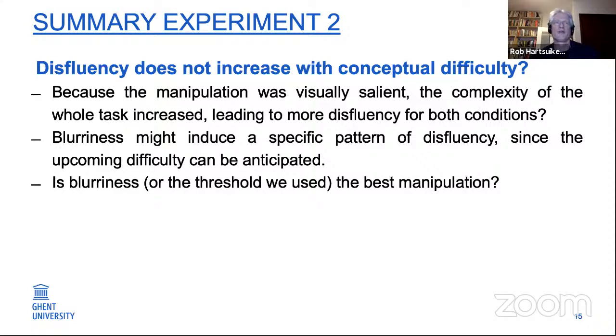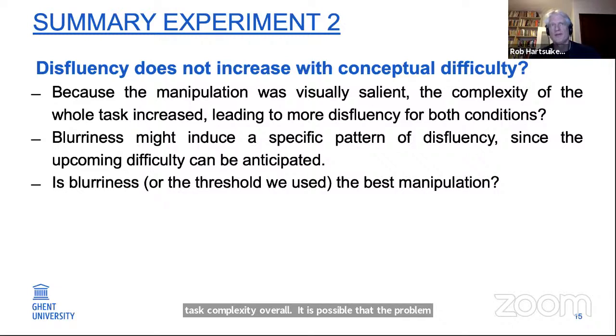It's also possible that the problem is specific to the blurred items. Note that an interesting difference between this experiment and experiment 1 is that in experiment 1, you had a subtle implicit manipulation like name agreements. Blurriness is really in your face, right? It's something that's very visually salient.